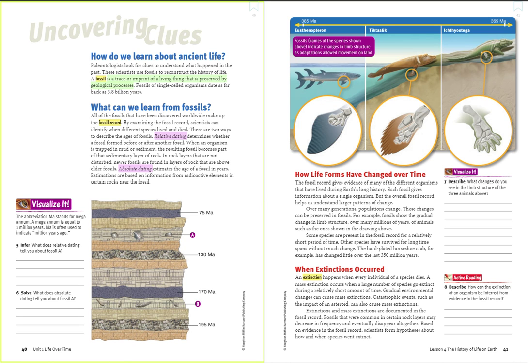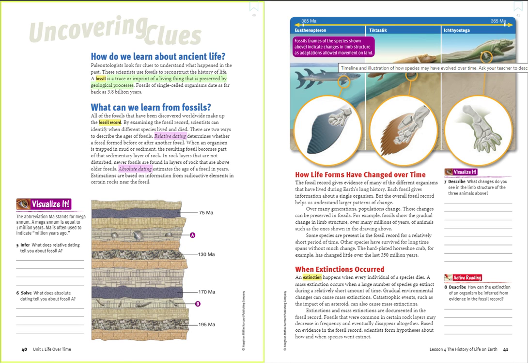That's how you use relative dating and absolute dating. You tell which one lived first and exactly between which era. With the numbers, you estimate the age of the fossil in years. Okay, proceed to the next page.